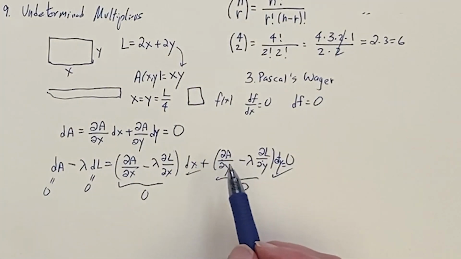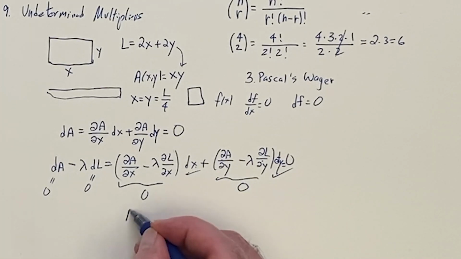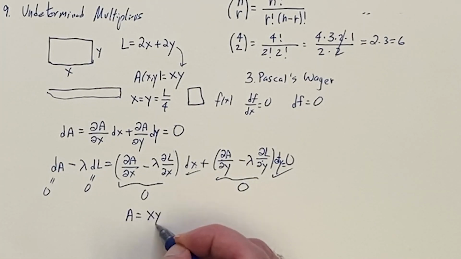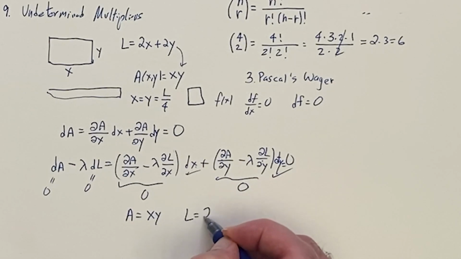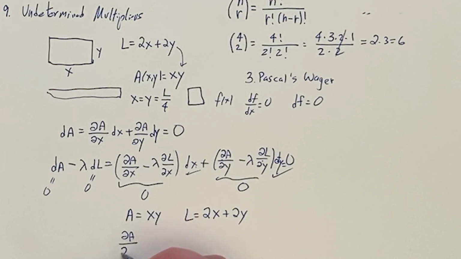So when we do that, we get these equations. Here A is xy and L is 2x plus 2y. So the partial of A with respect to x is y, and the partial of L with respect to x is 2.